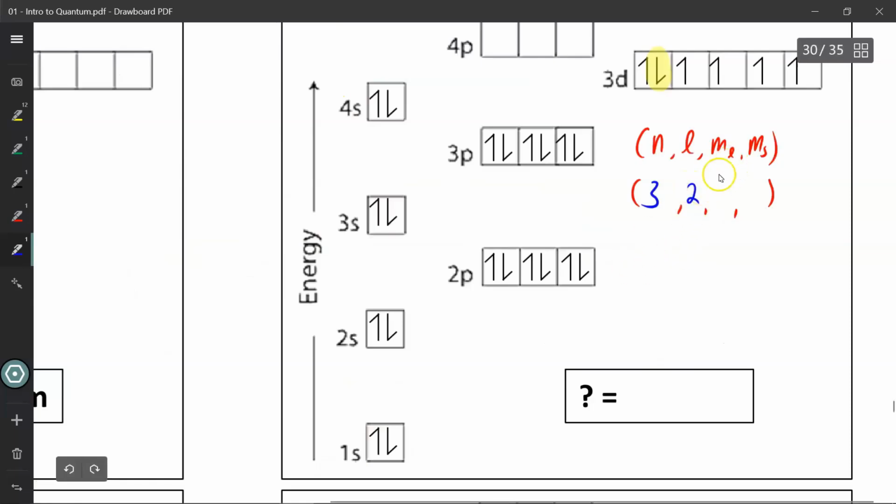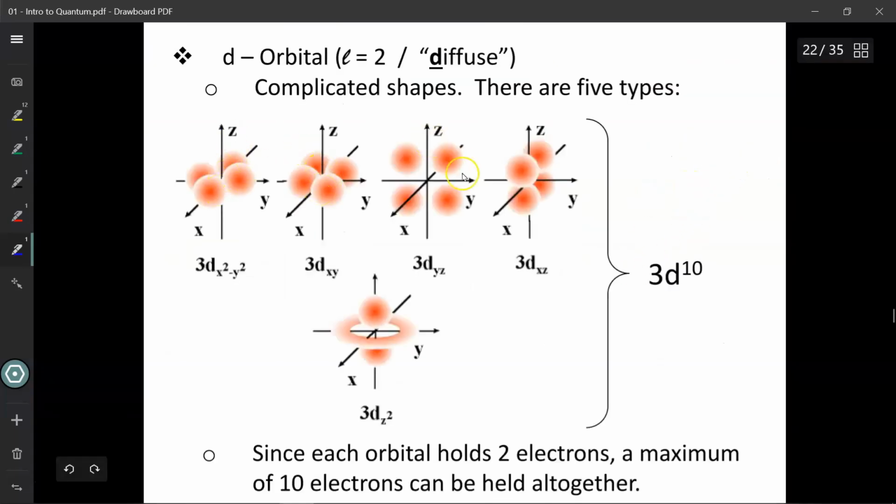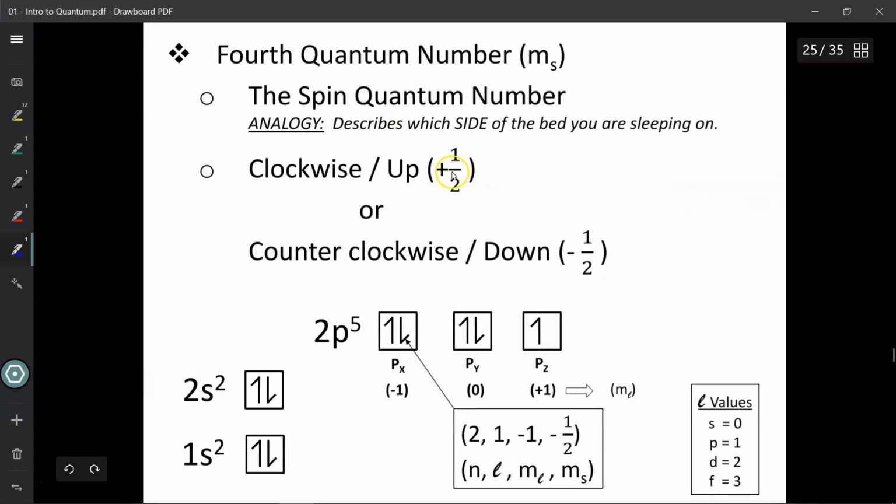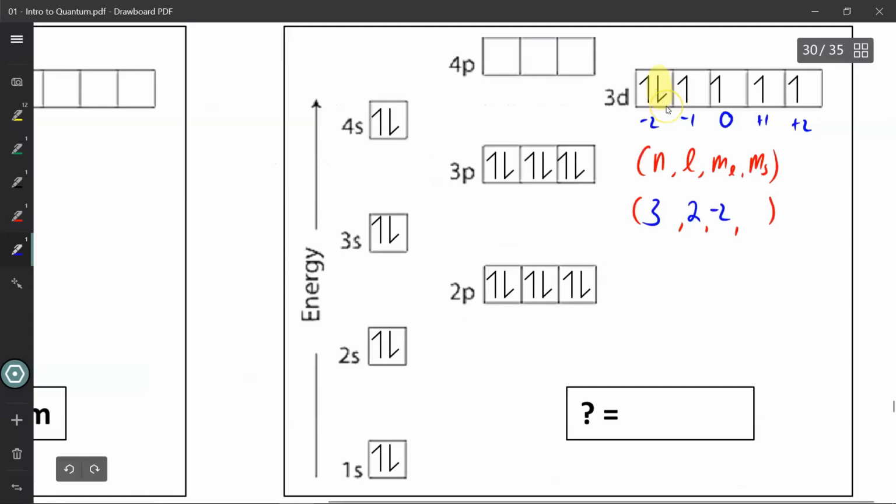Now in terms of m sub L, d orbitals have 5 suborbital shapes, and the middle one's always a 0. To the left is -1, -2, to the right is +1, +2. Since the electron is in the -2 suborbital, we can write down -2. Finally, its m sub s value has 2 options, positive half for clockwise or up spin, and negative half for counterclockwise down spin. Since this electron is pointing down, it's going to be a negative half.